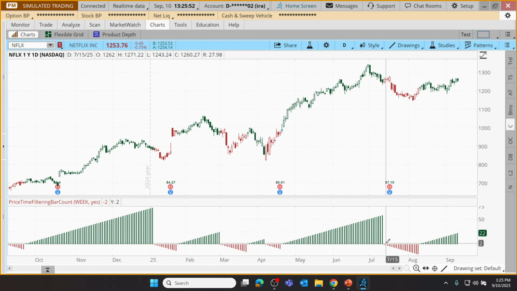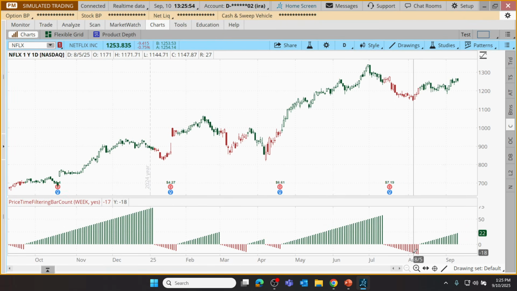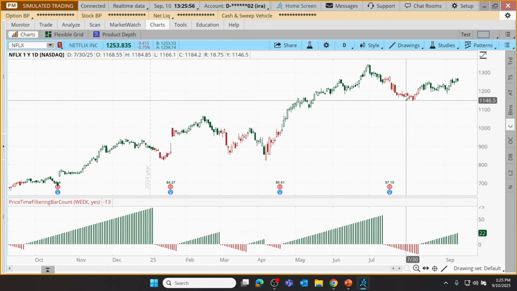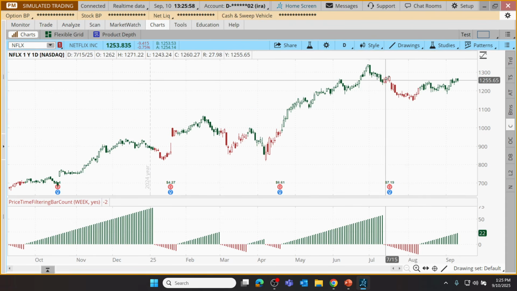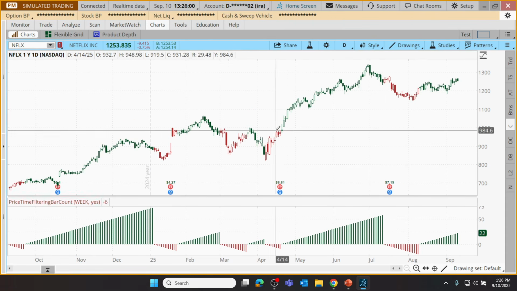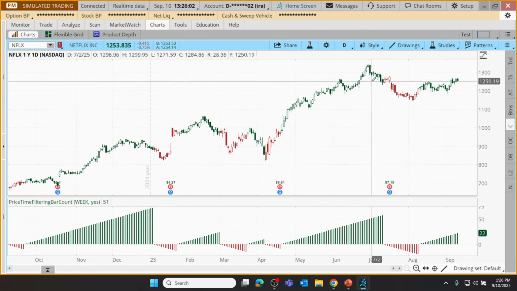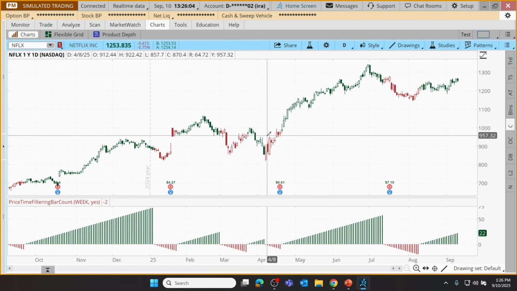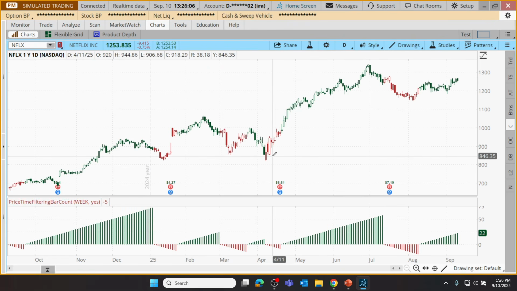When we see downward slope in the histogram bars, maybe the trader plans and places short-term bearish trades. Now you'll see there are examples where this might have very well panned out. There are also some examples where we got counter signals that weren't as potentially productive. So as with any indicator, it's not perfect.